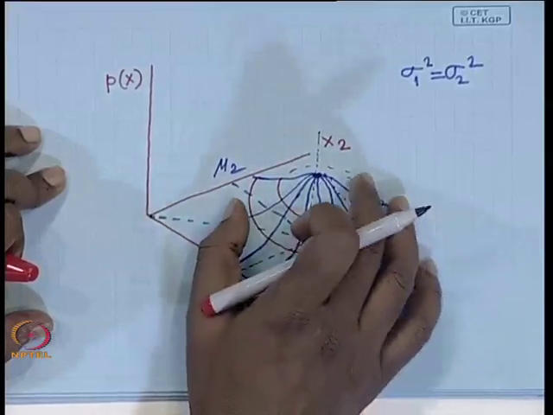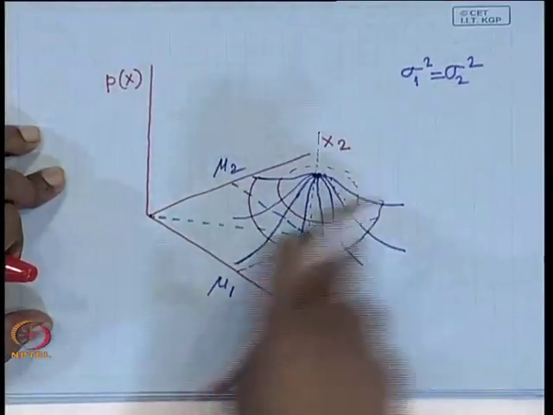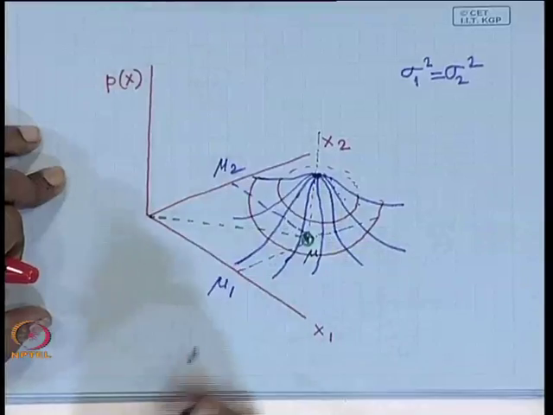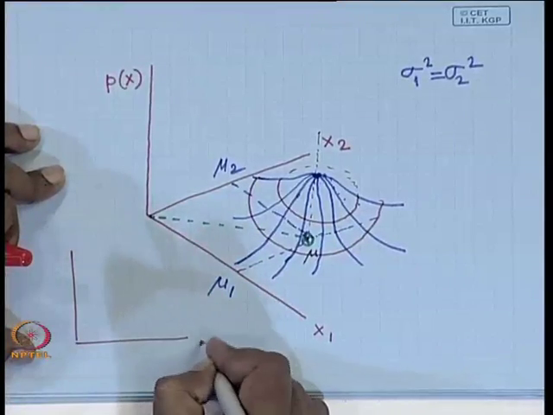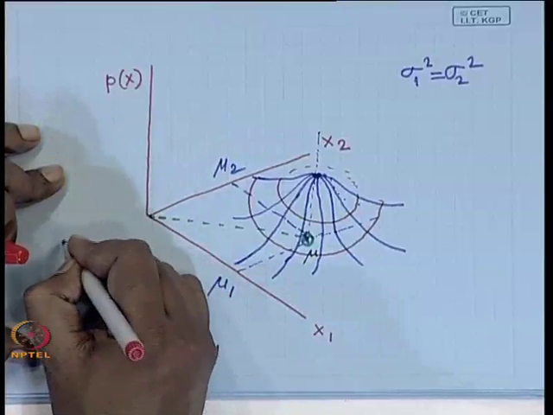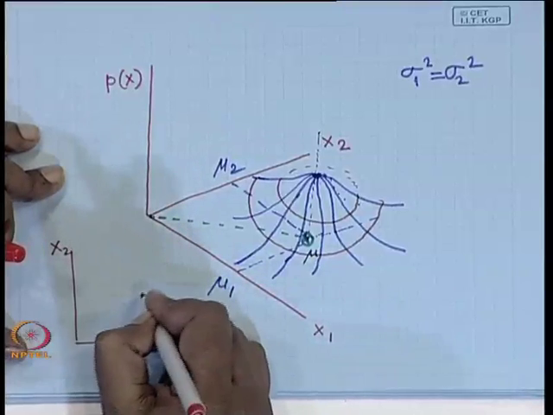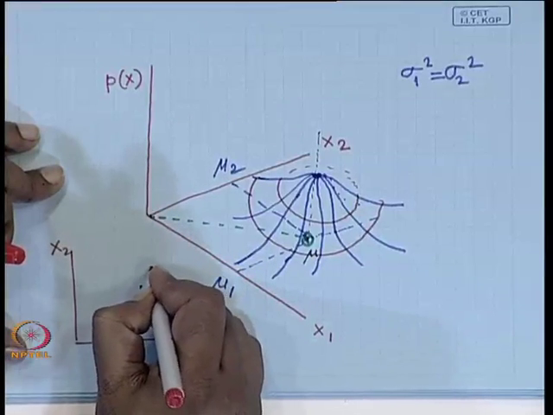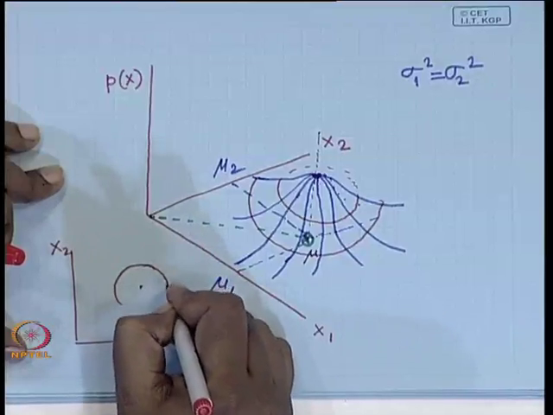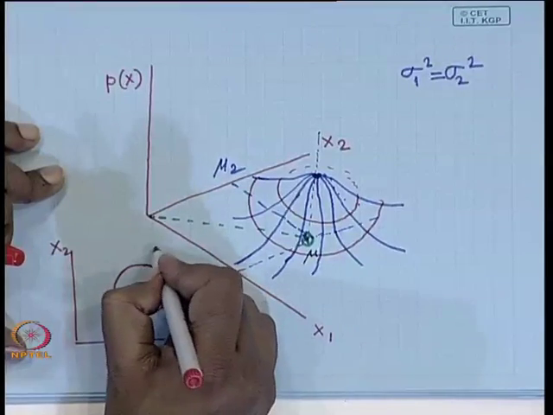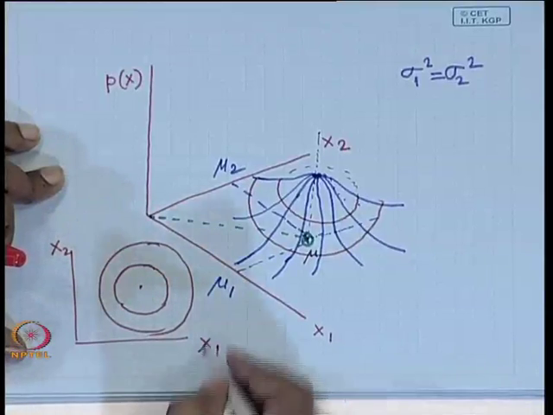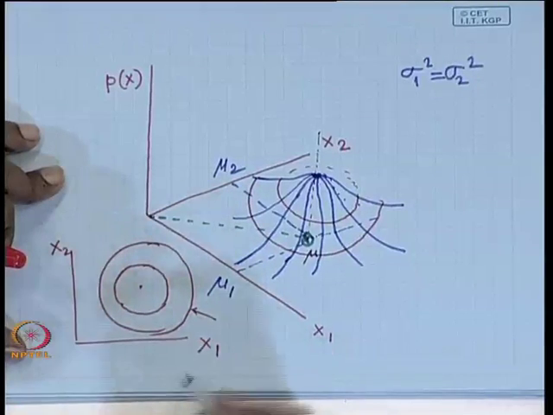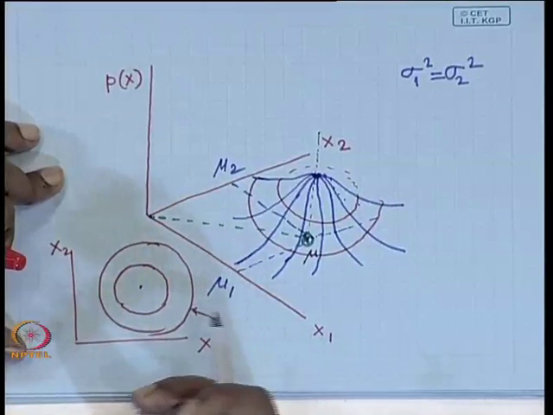If I take the footprint of these loci on this x 1 x 2 plane, I will have a number of concentric circles like this, where each of these circles represents the loci of points having constant density.